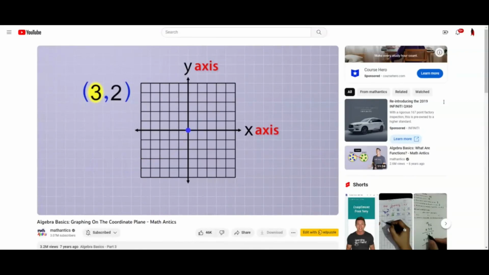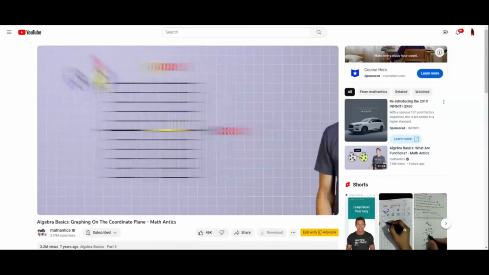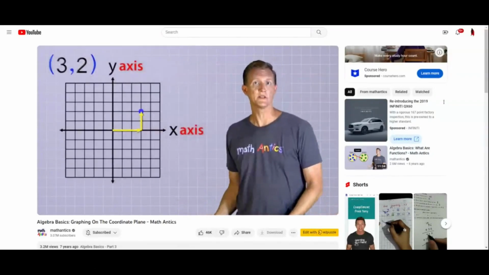Then we look at the first number in our ordered pair to see how far we need to move our point in the x direction. Since x is positive 3, we move our point a distance of 3 units in the positive x direction. And then from there, since y is positive 2, we move our point a distance of 2 units in the positive y direction. So that's a pretty easy method for plotting points.